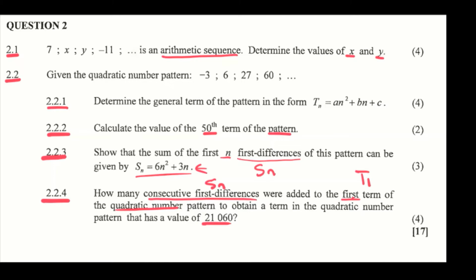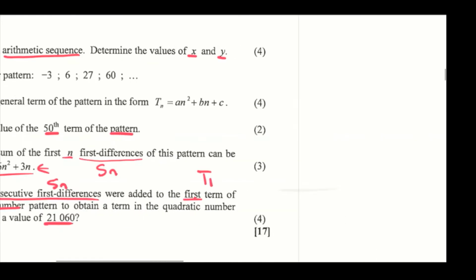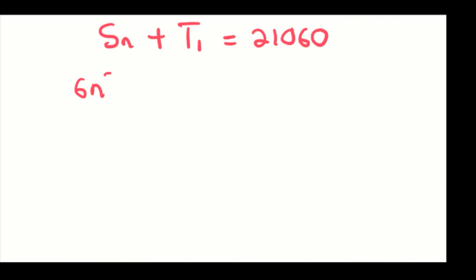21,060. So what this means is the following. It means now that how many sums were added to the first term of the quadratic number pattern, giving us 21060, right? And we found the sum in the previous question to be 6n squared plus 3n, right?